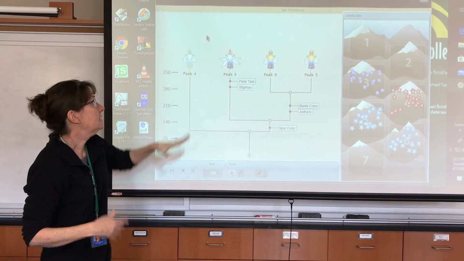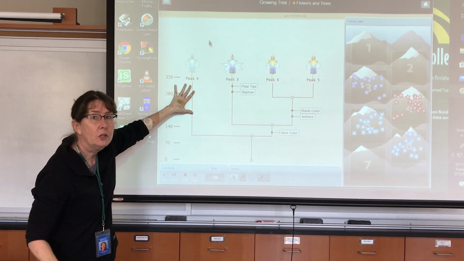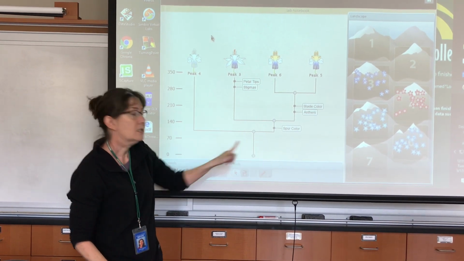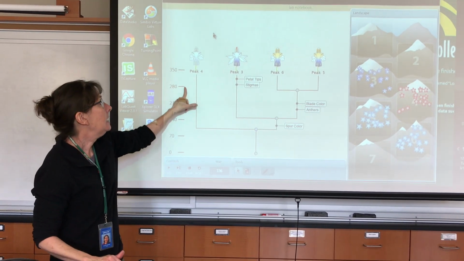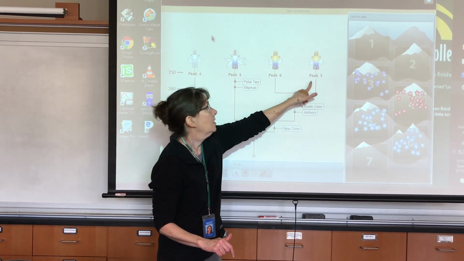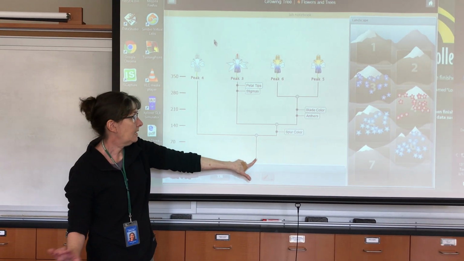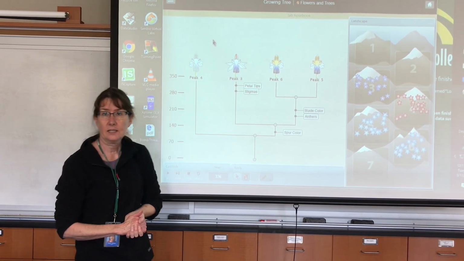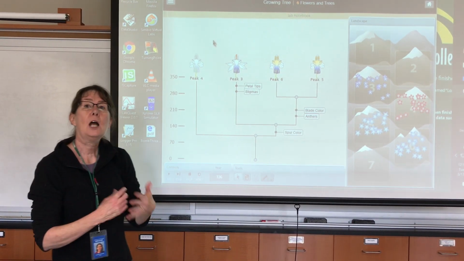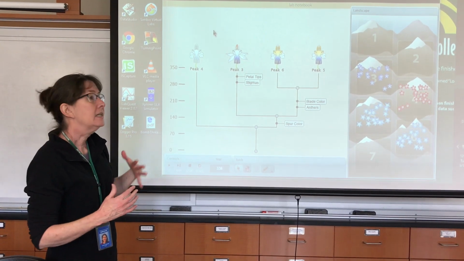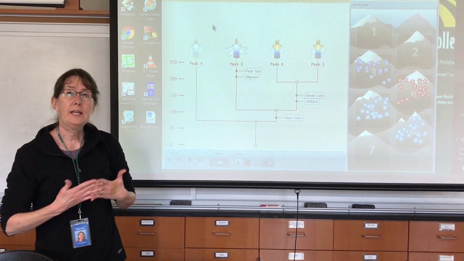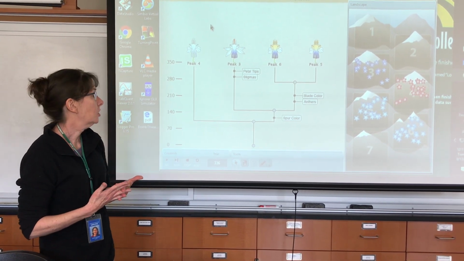You cannot tell just by looking at an evolutionary tree which peak was colonized first. Any one of these peaks could have been the original peak that was colonized and led to a tree that looks just like this.